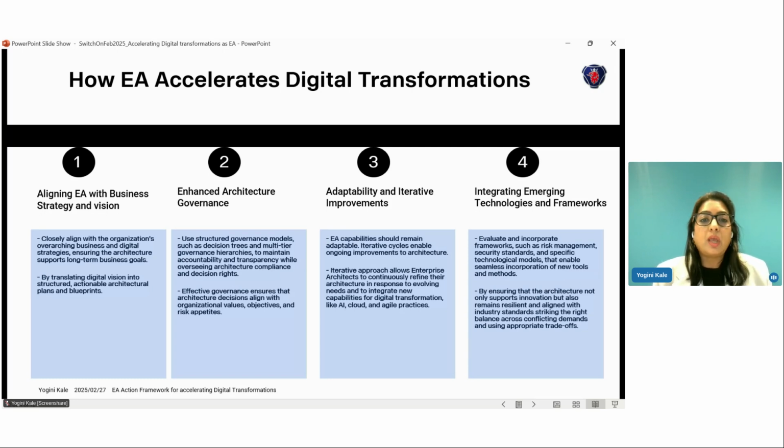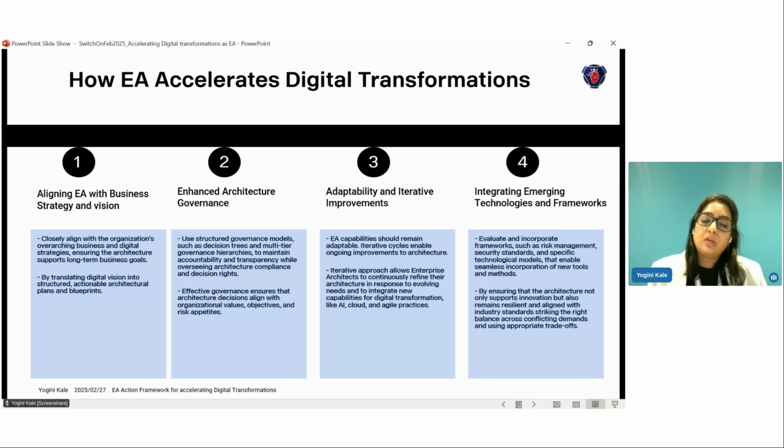So having a structured governance model and decision trees and having hierarchies in terms of architecture and having a direct connection of your architecture decisions with your transformations takes you a long way.